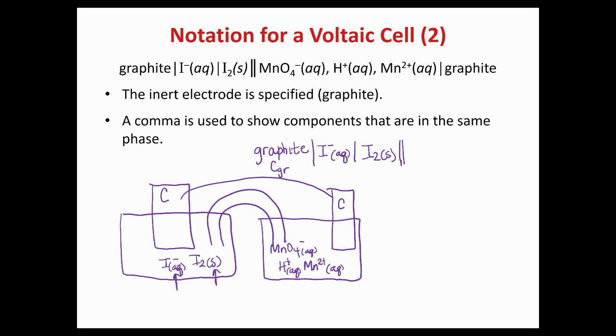And then on this side, permanganate, excuse me. It has H plus, it has Mn2 plus, and then carbon graphite on this side. Okay, now why are all these guys commas? Is because they're all aqueous, so they're all in the same phase, so just use a comma.